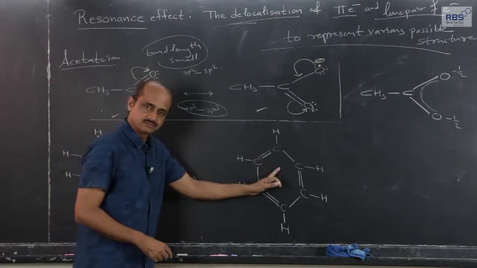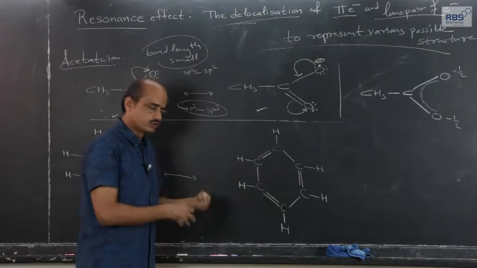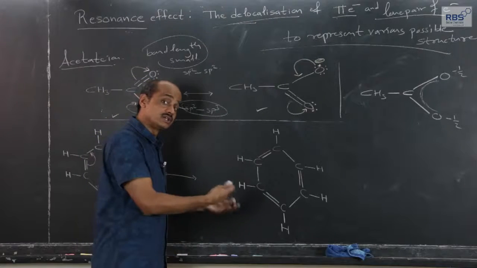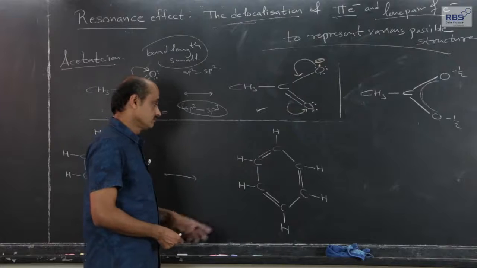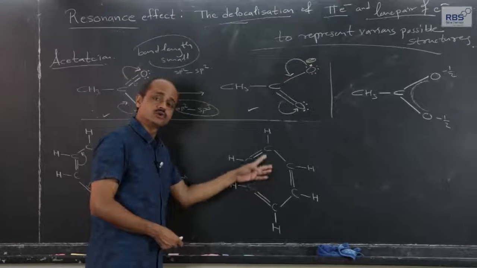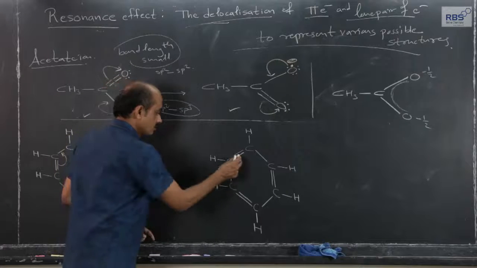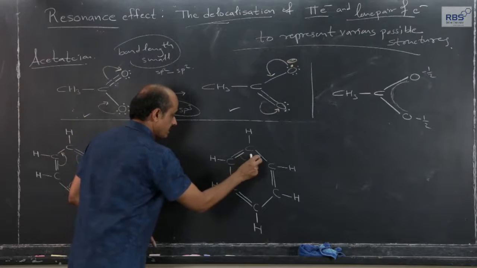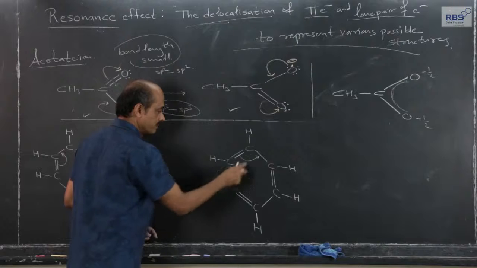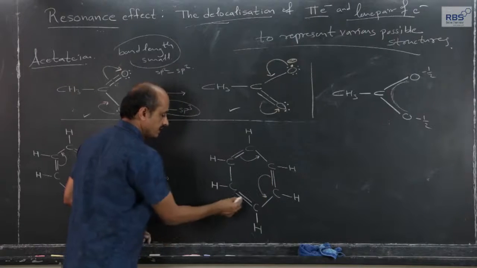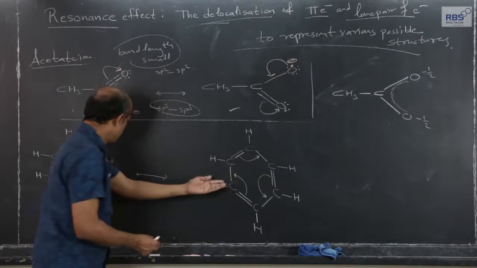Similarly, from this structure, by applying delocalization of electrons, since there is a conjugation pi sigma pi, this pi, if it is shown to be present between these two carbon atoms, then this pi should be shown here and this pi, we will get this.